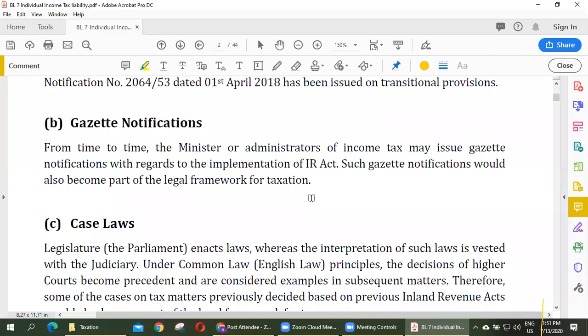So at the time of introduction of the new Inland Revenue Act, for example, an employee who was getting a monthly salary of more than 100,000 was responsible to pay tax at 10%. That is what was mentioned in the act.